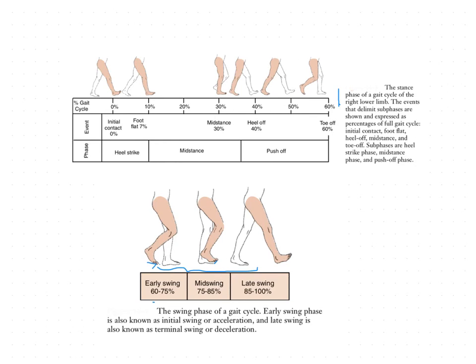Afterward we call it late swing, from 85 to 100%. With this, the limb again contacts the ground and the entire gait cycle is complete.